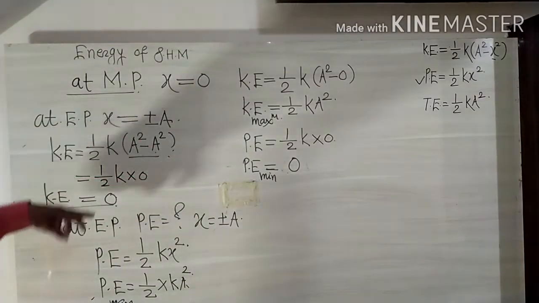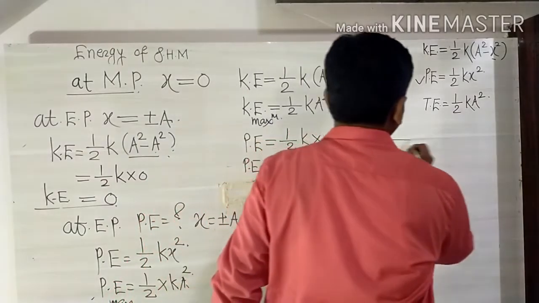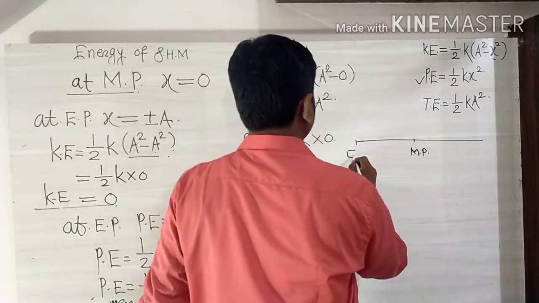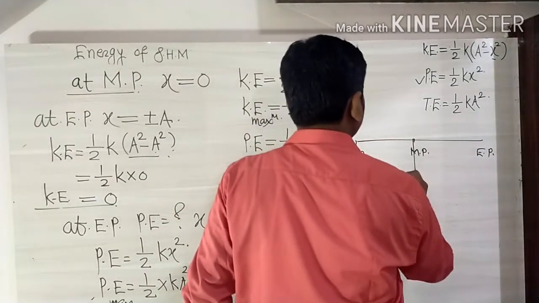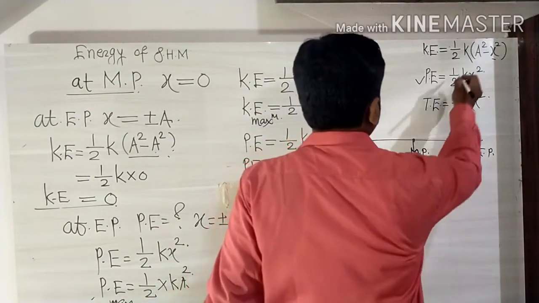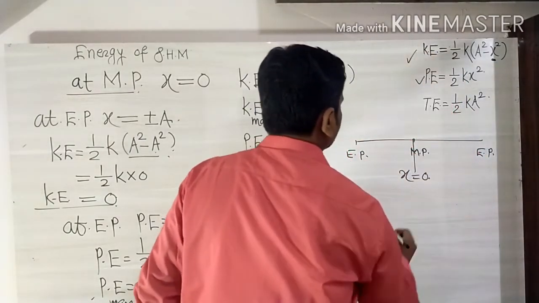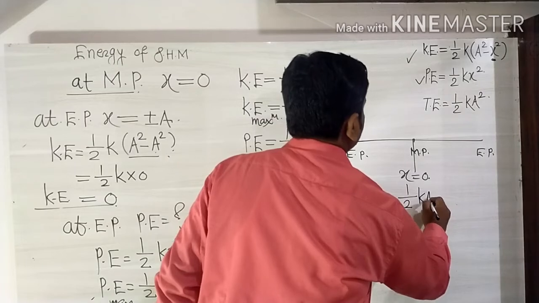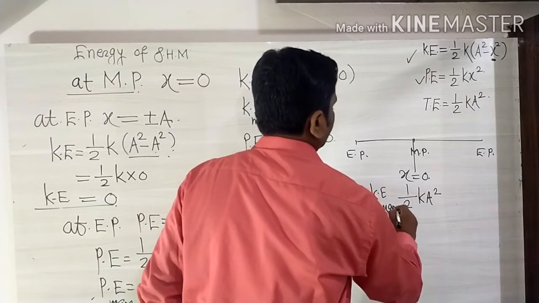But at extreme position kinetic energy is 0 and potential energy is maximum. If a particle is performing simple harmonic motion, at the mean position x is equal to 0, and whenever we substitute that value in the kinetic energy equation, we get the kinetic energy maximum, 1/2 k a square. So the kinetic energy is maximum at the mean position.